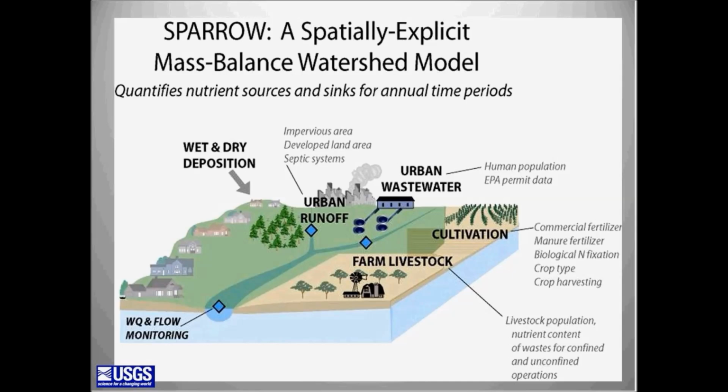In this slide is a conceptual model of what SPARROW is doing. We've got a landscape with different activities going on, such as farming and urban, and different processes going on, including application of fertilizer and atmospheric deposition.